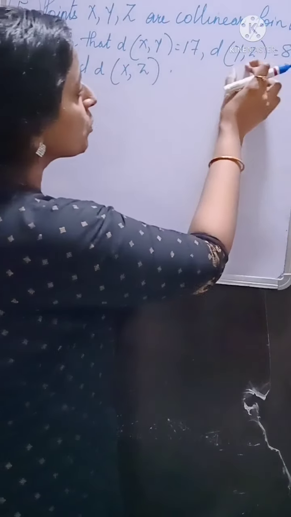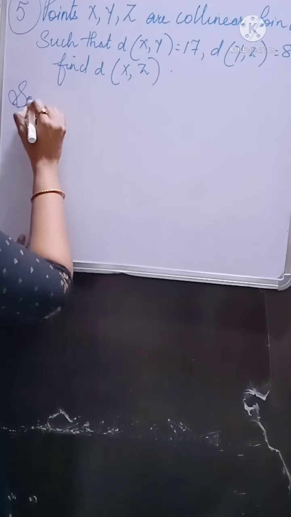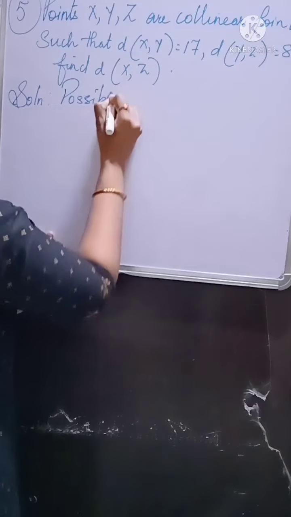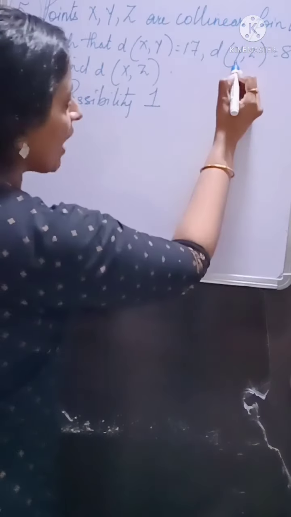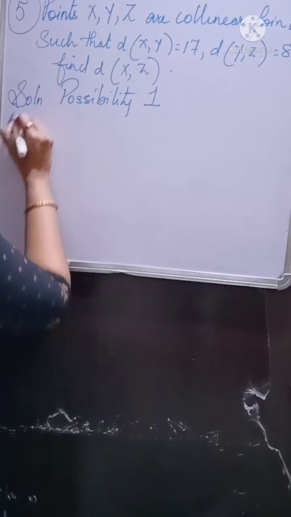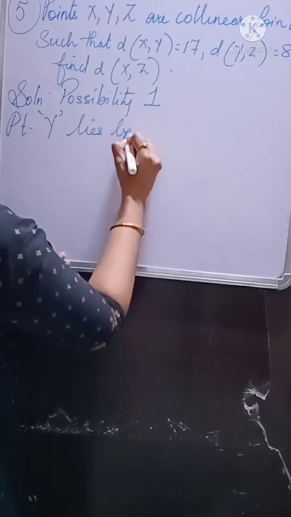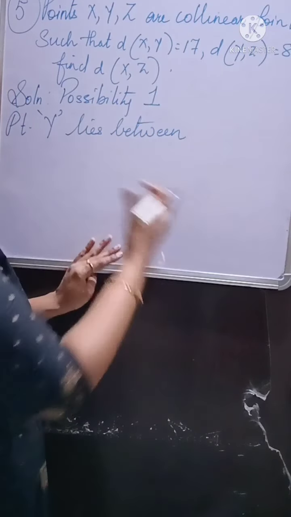Now, which are the 2 points here? Y comma Z. So we will write possibility number 1. What is possibility 1? Point Y lies between, which are the other 2 points?